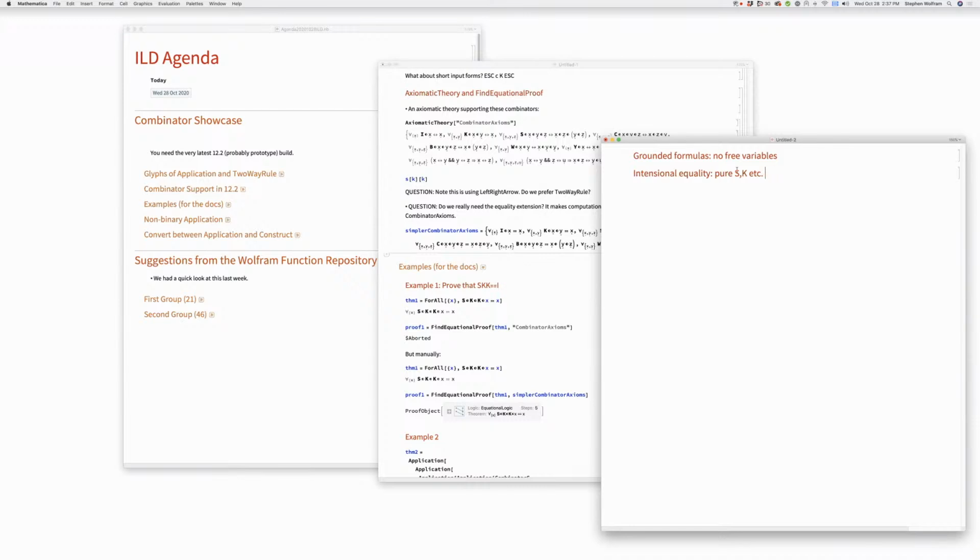So the main point you're making is that S of K, by the way, we're hearing some typing there, S of K of X, if I say SK fixed point evolve. Oh, I don't have it evaluated here.